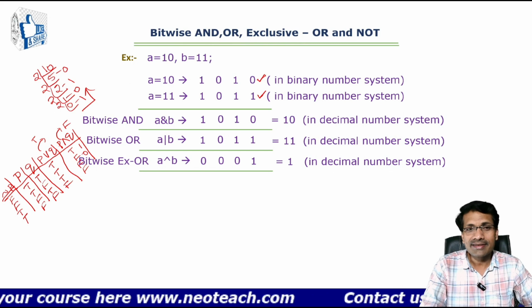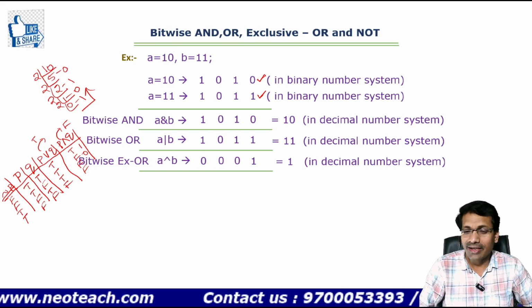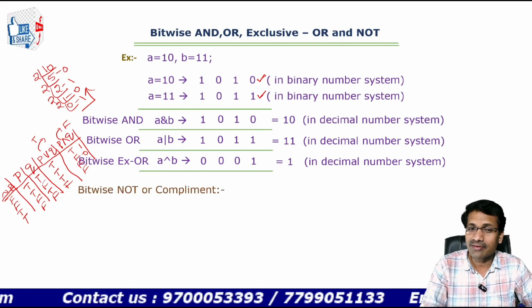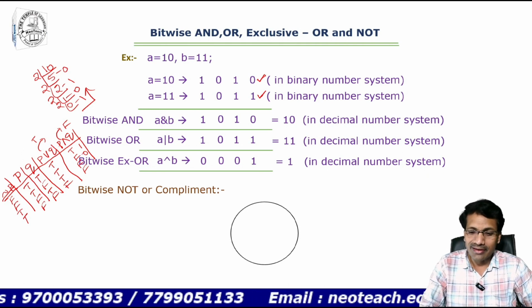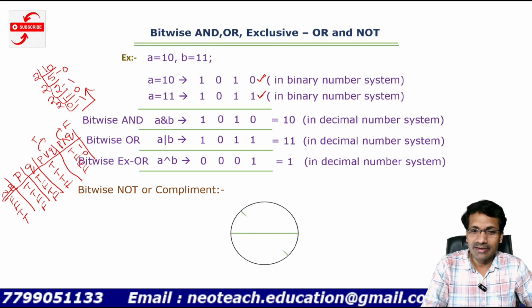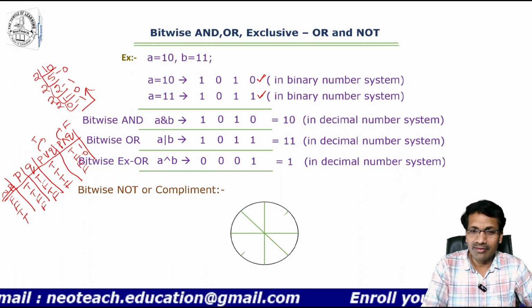Next, the bitwise NOT operation we will do. For this we will take a logical circle. I want to draw one logical circle here for the bitwise NOT or complement operation. In this circle I will take some number lines. First this line, another line, a next line, and one more line.